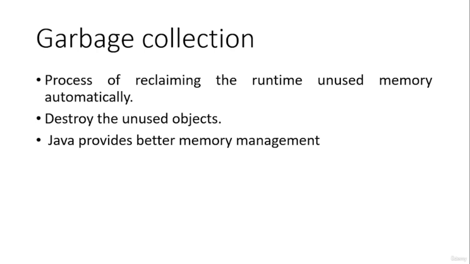In other programming languages, we have to do garbage collection manually. We have to take care of dereferencing the objects to free memory, else it will cause memory leaks and other issues.